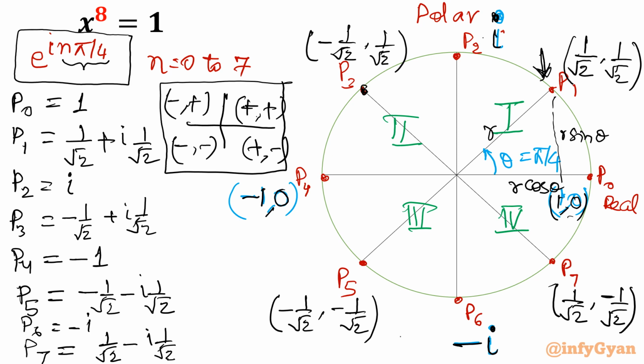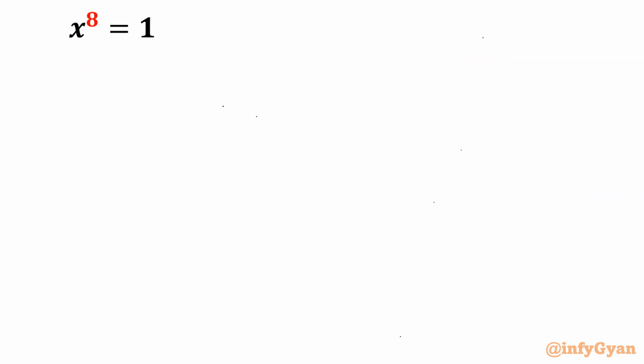Now let us solve using algebraic method. Okay, so x power 8 I will write x power 4 whole square minus 1 whole square equal to 0. What I did? I took all the terms to left side.